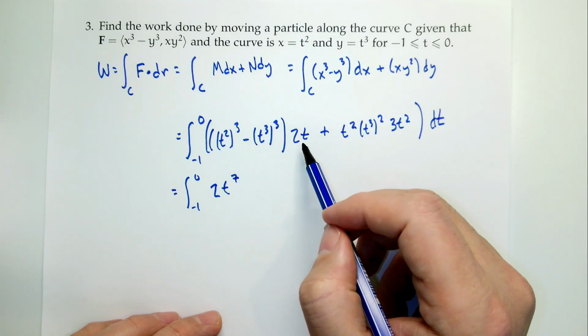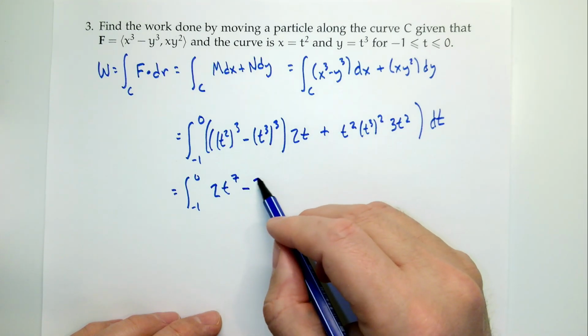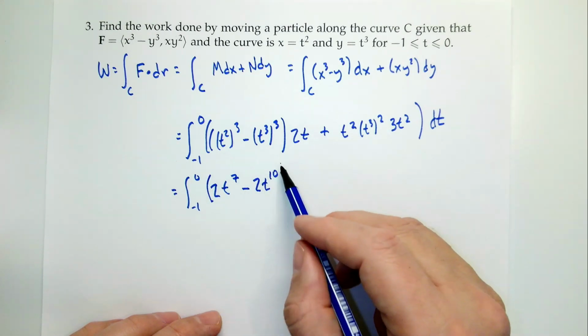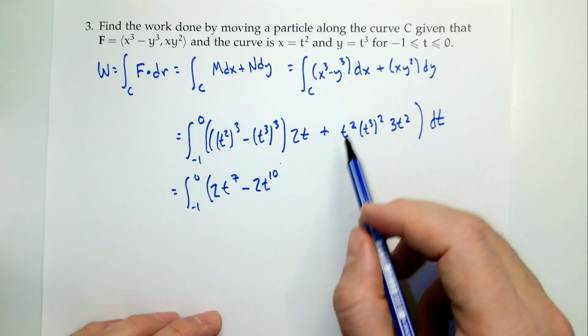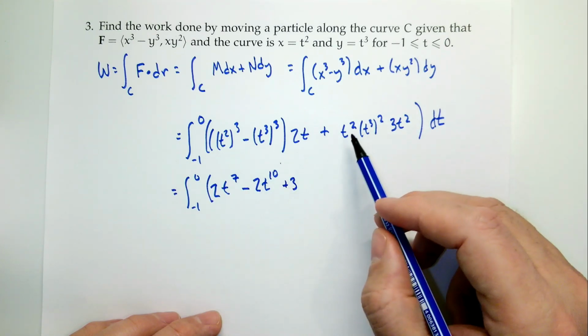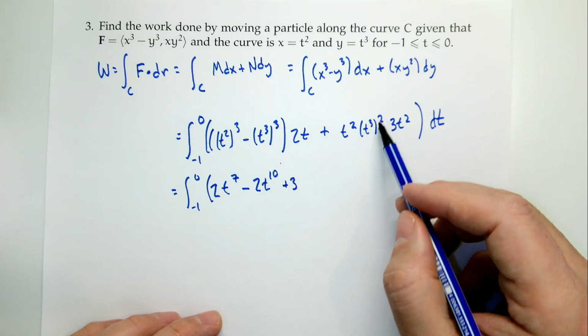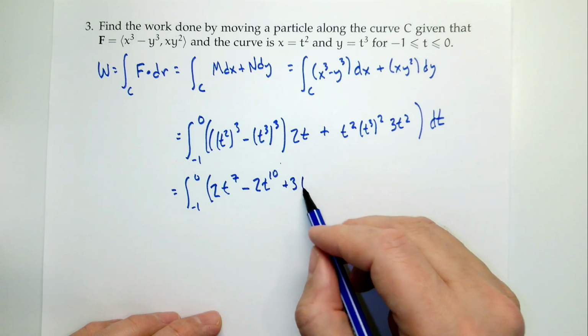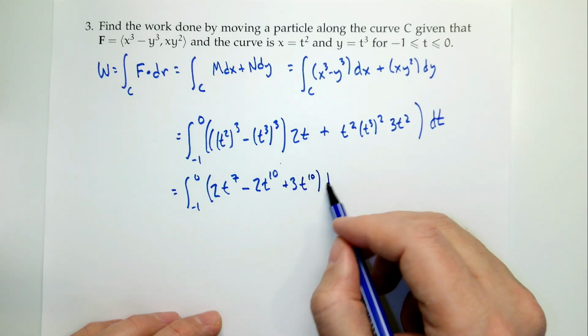There's another t making t to the 10th, so minus 2t to the 10th. That's the first part. Now the last part. Well, we have a 3. We have a t squared, t to the 6, because you multiply, so that would make that 3t to the 10th dt.